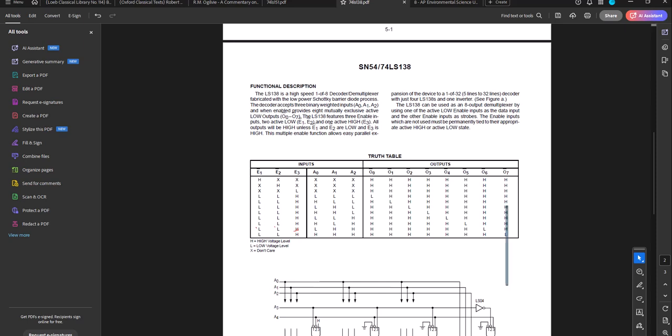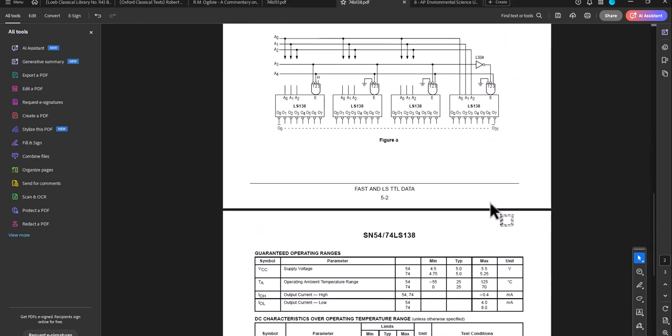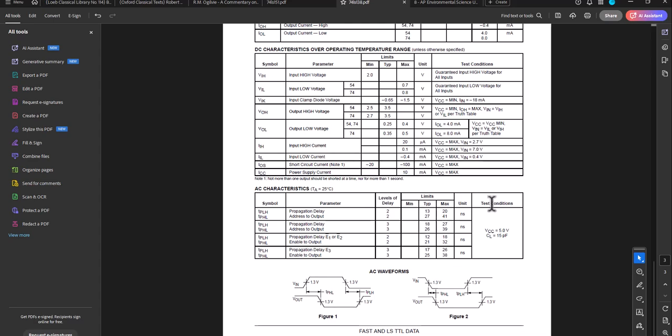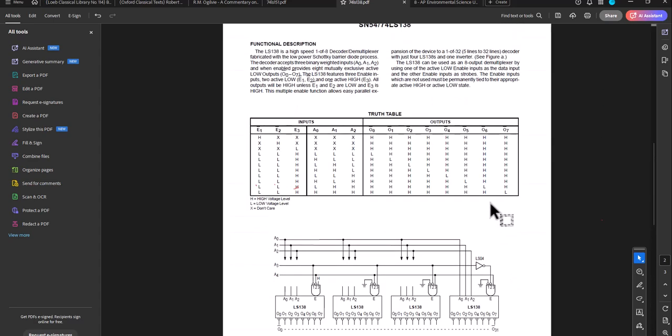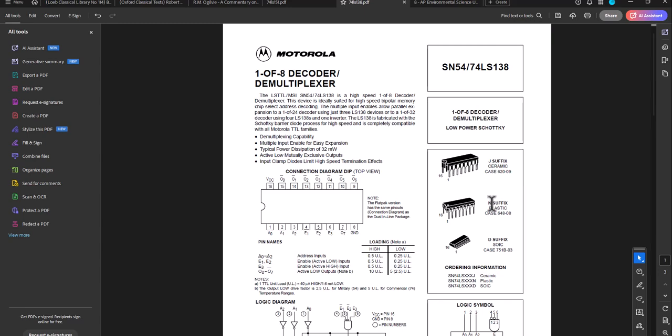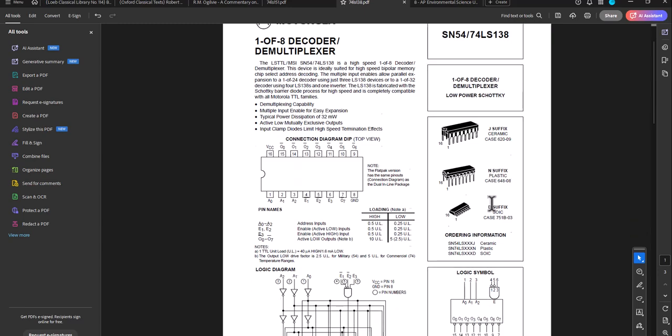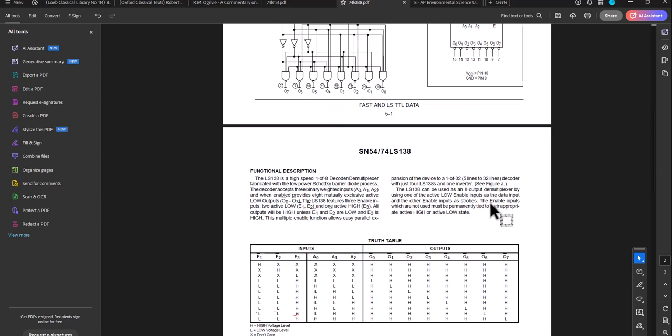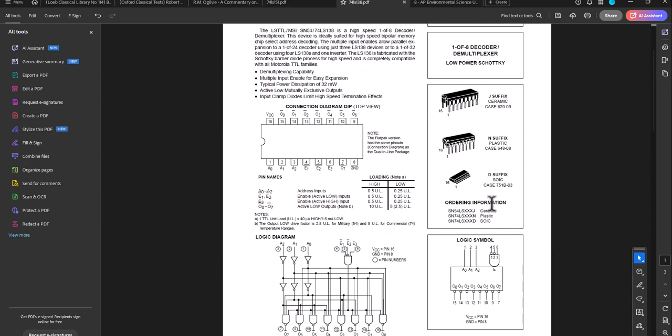Let's take a look at what pins those are. Where is it? It's right here. Okay, so E1 and E2 need to be low. Those are pins 4 and 5.